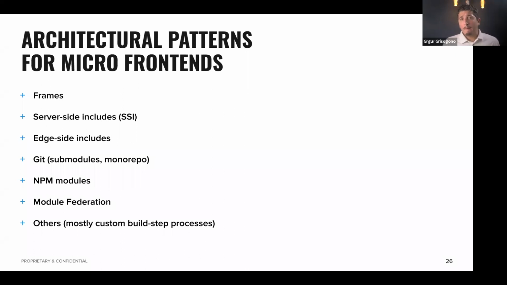Then we have submodules in monorepos, also a way to bring code together through source code management. And I know that some people use NPM modules in a private registry to bring things together. And that sounds very, very logical, right? But I think the best thing I can compare that to is module federation.